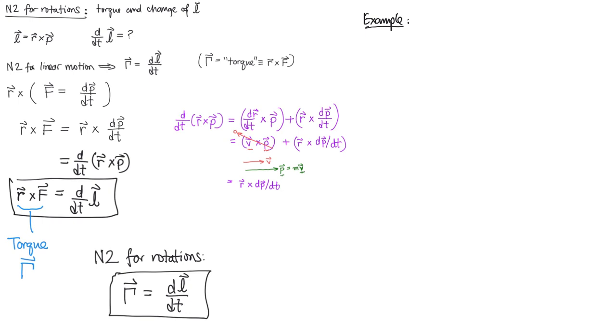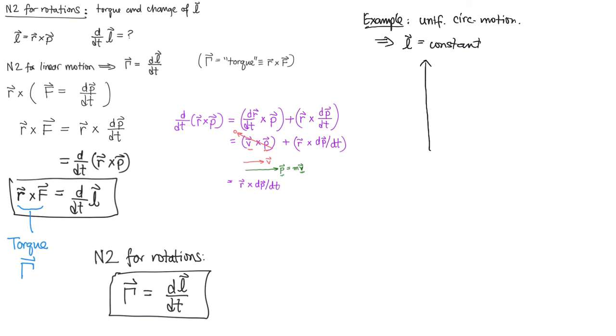As a very straightforward example, let's come back to uniform circular motion. We showed already that the angular momentum was constant, even though the linear momentum changed.